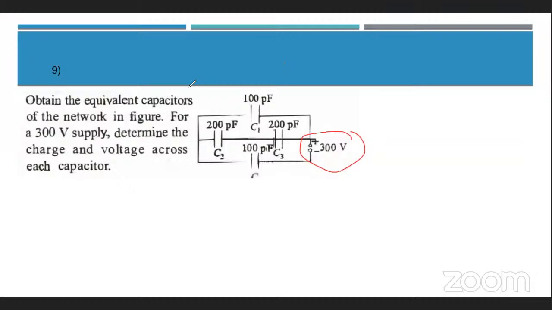Equivalent capacitance is 300 farad. Correct. Equivalent capacitance. So parallel.